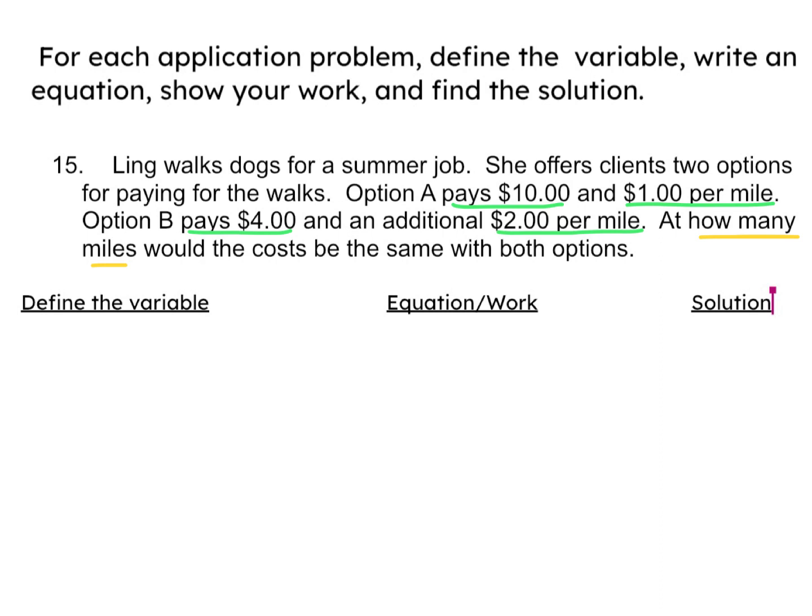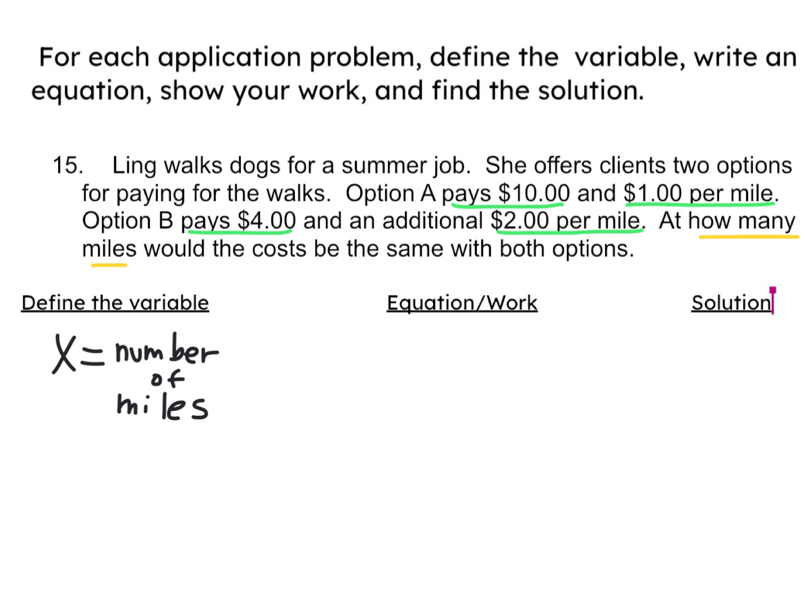Okay, so that's where, in the question, we can get our variable. How many miles would the cost be the same? So we're looking for the number of miles. So that will be our variable. Okay, now this is a little different.